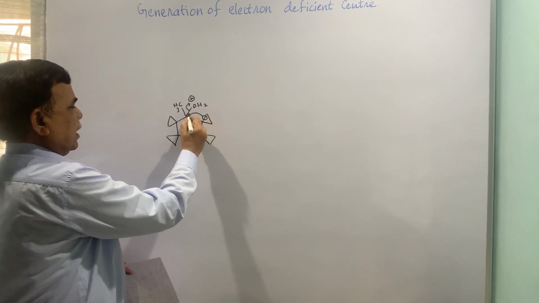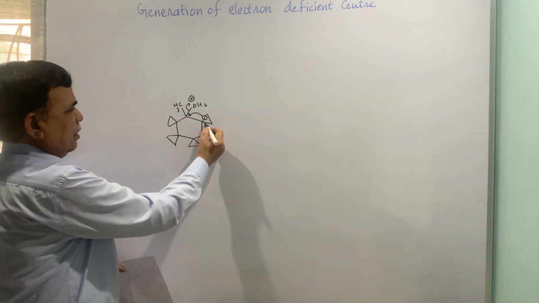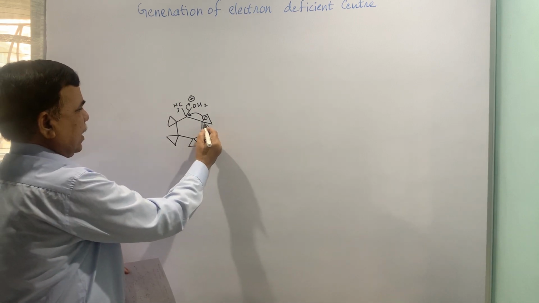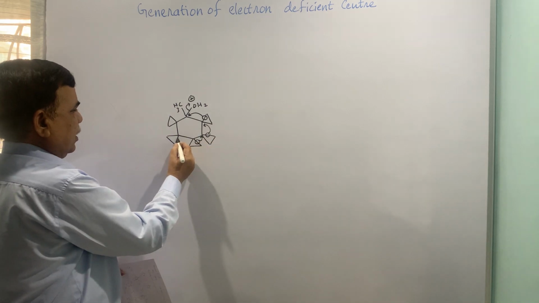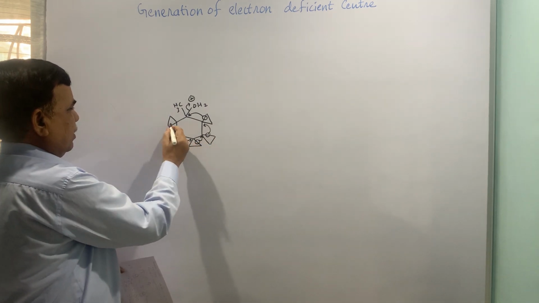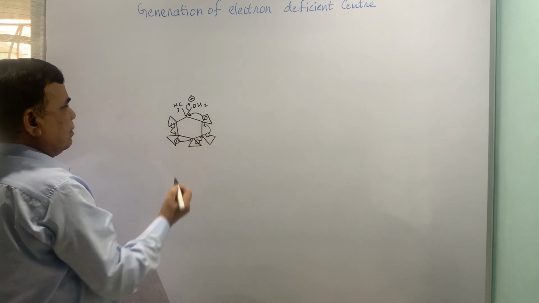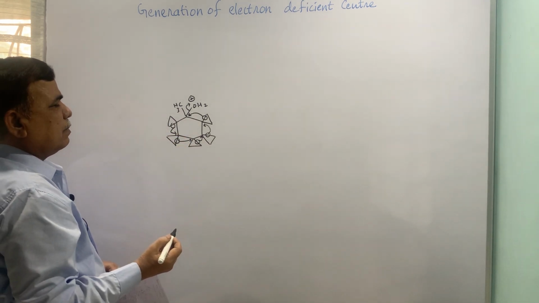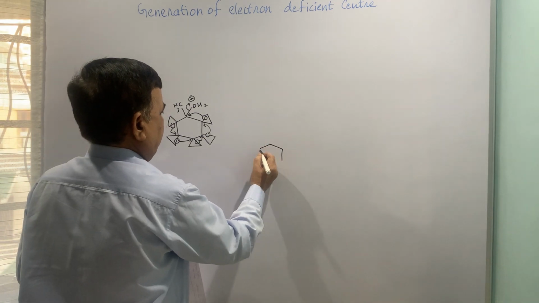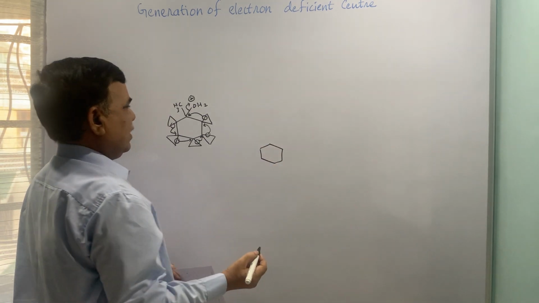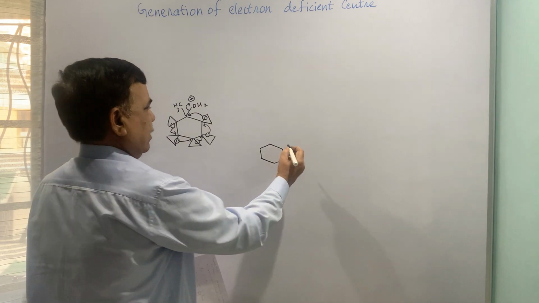There is an expansion of ring. This becomes electron deficient. This migrates. This becomes electron deficient. This migrates. So that is the chain type reaction. And eventually what we'll have is this 6-membered ring. The central ring would be intact.